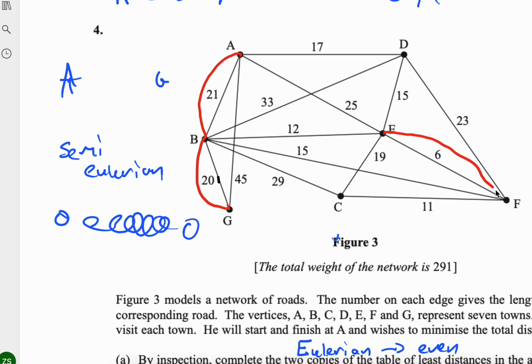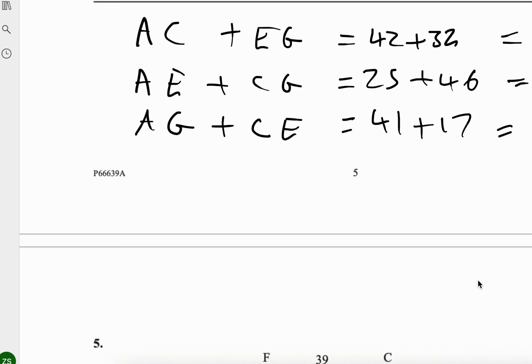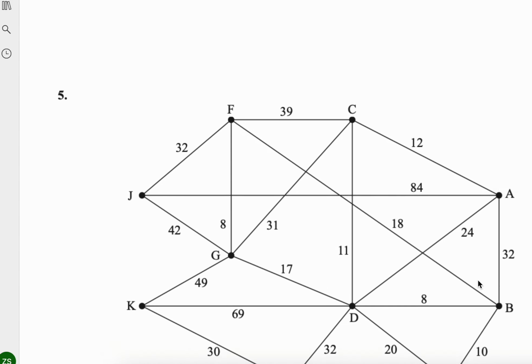So E to F, then F to C. So we're adding 4 extra arcs. We know our total weight is 291, and we're adding 41 from A to G and 17, which gives us 349 kilometers. Good work. All right.